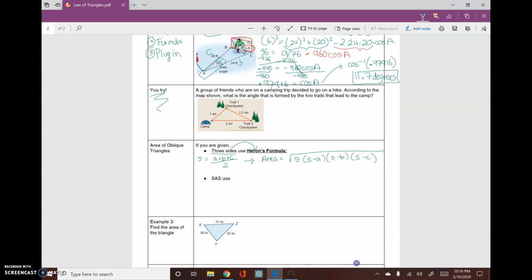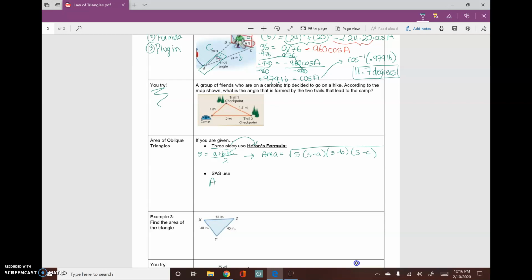If you have a side angle side, you will use this formula, B times C times sine of angle A over 2.